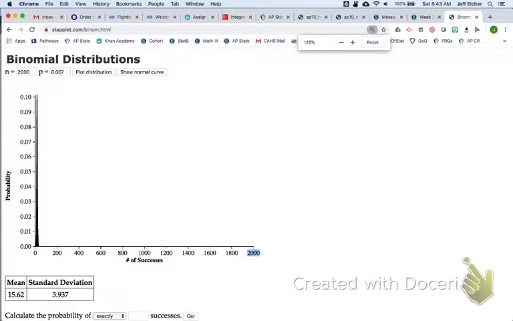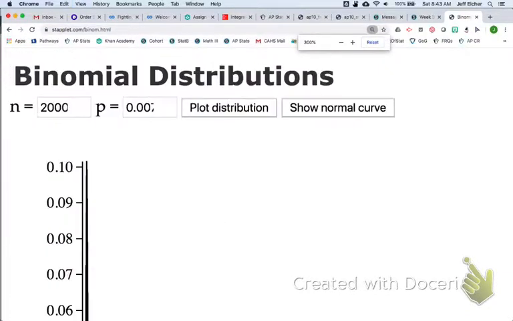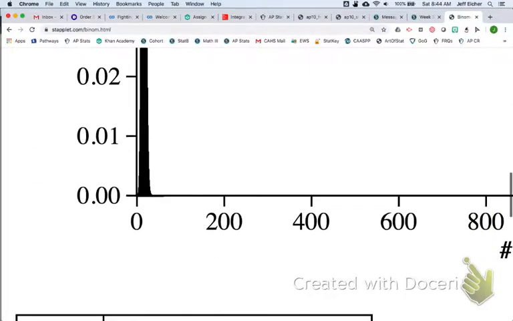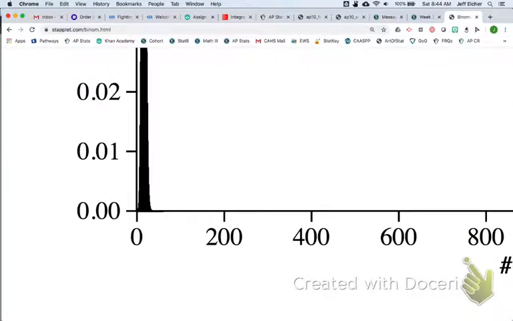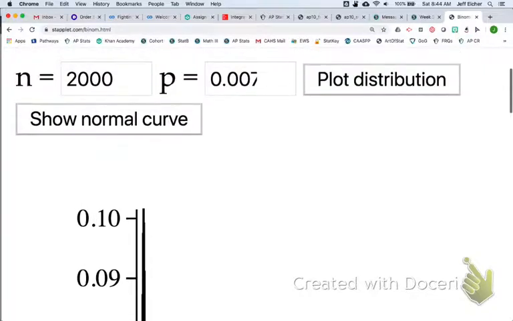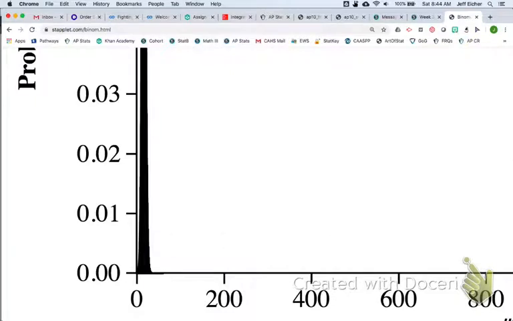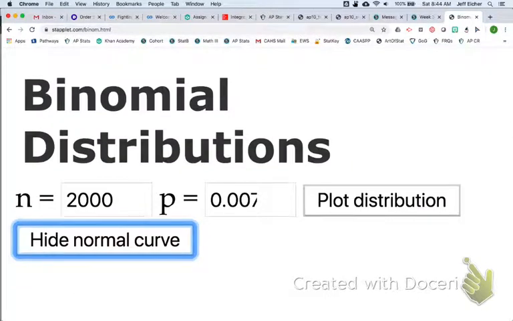But hopefully we can notice if we zoom in some, it's really skinny, but this is a normal distribution. So I can click on this Show Normal, and it doesn't do very much, but if we continue to zoom in, can't zoom in anymore, that is actually a roughly normal distribution.